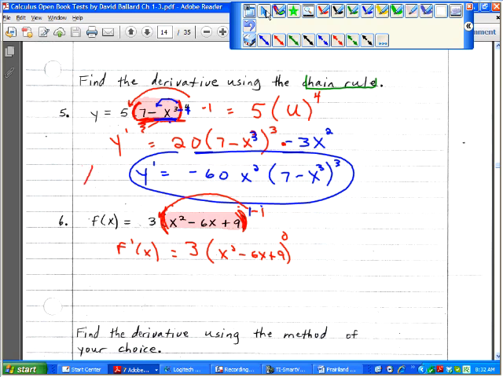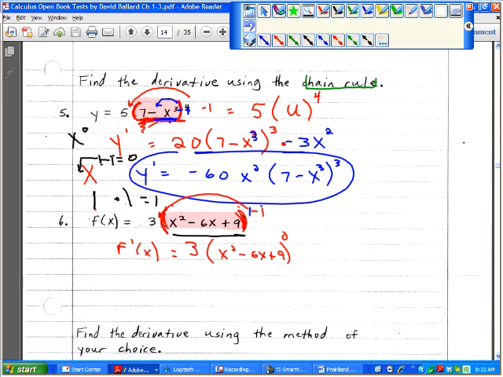What's the derivative of x? 1. What is the derivative of x to the first? Well, the exponent is 1, right? And you're going to multiply exponent times coefficient, and you're going to get 1. And then you subtract 1 from the exponent, and you're going to get an exponent of 0. And what's anything raised to the 0 power? 1. And 1 times 1 is 1.